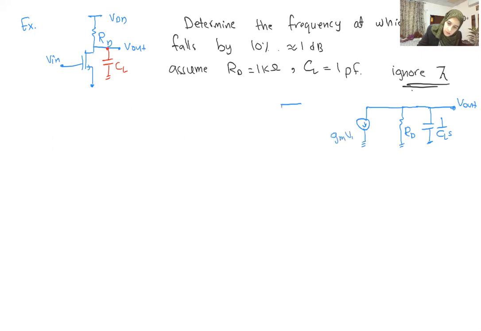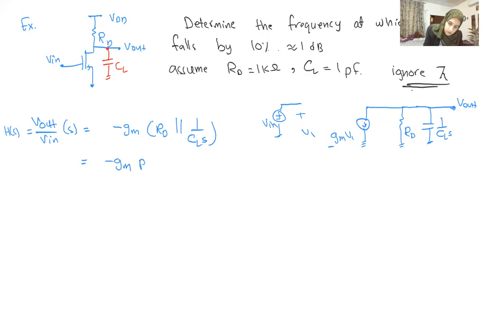GM V1, and here is Vn, and this is V1. So V out over Vn as a function of S, which we are going to call H of S, is basically equal to minus GM times RD in parallel with 1 over CL times S. And this gets simplified to minus GM RD over 1 plus, if you open this parallel combination, S replaced with J omega, CL times RD. Okay, so this is our transfer function.